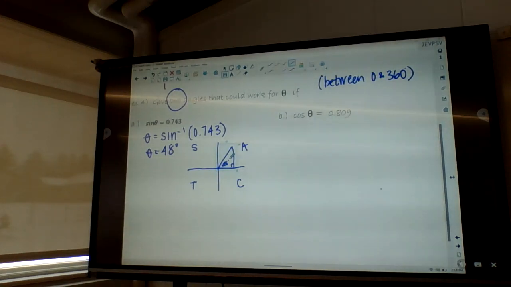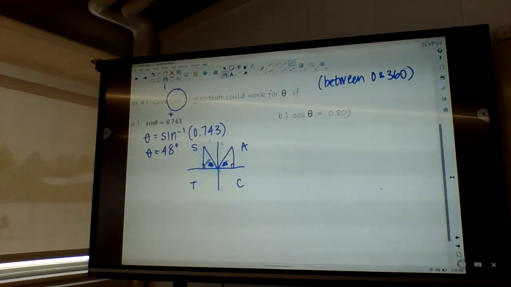That would give us a positive sine value, because this is positive. So what other quadrant would that work in? Second one? Yeah, so we're going to draw that in the second quadrant, a 48-degree angle.